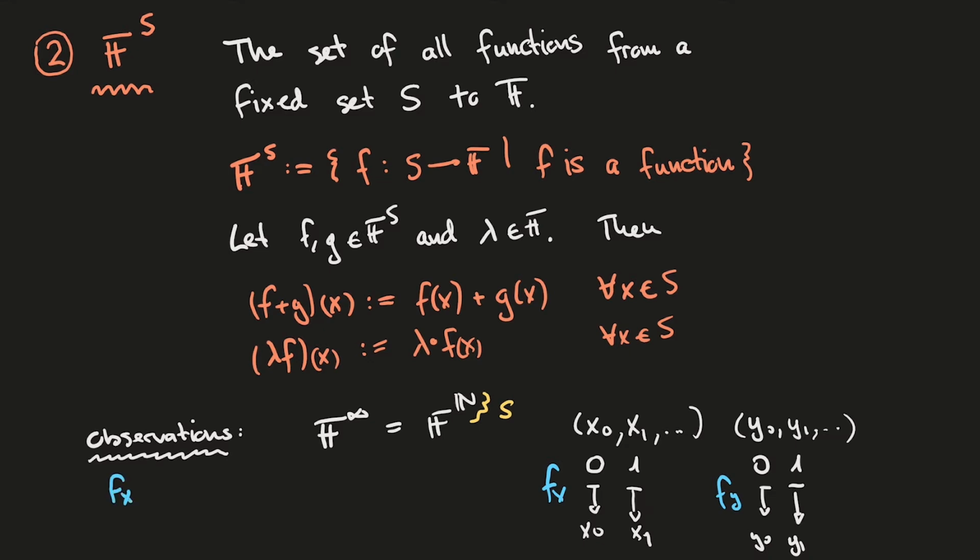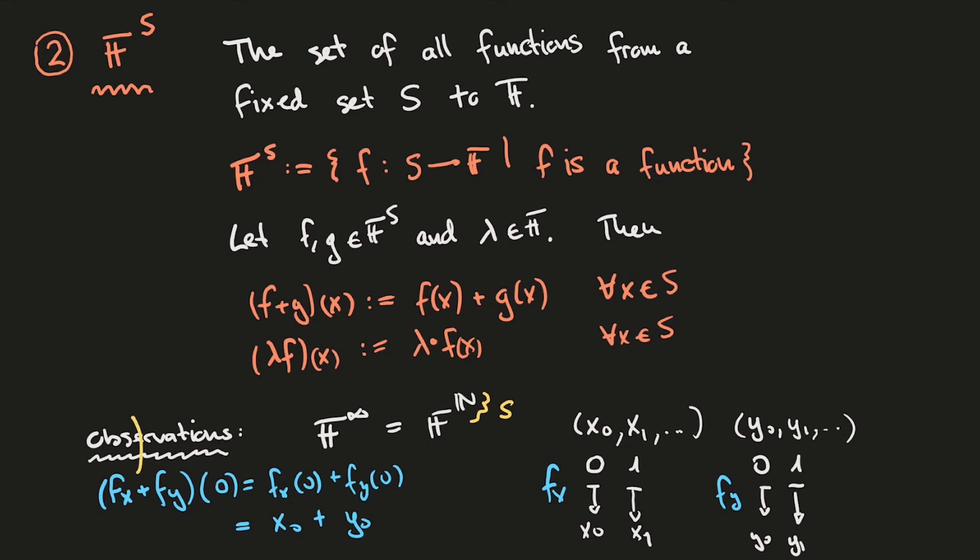If we want to determine what the function fx plus fy is in the space F^S, then fx plus fy of a given element, say 0, is defined to be fx of that element plus fy of that element. And if we check over on the right, fx of 0 is just x0, and fy of 0 is just y0.